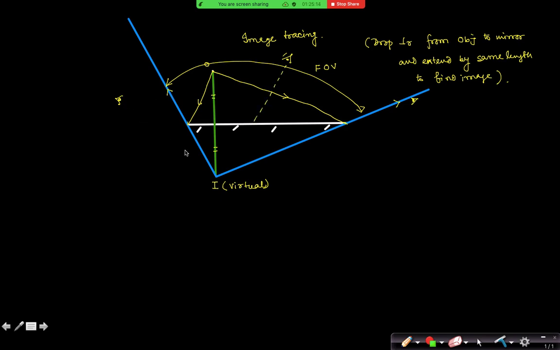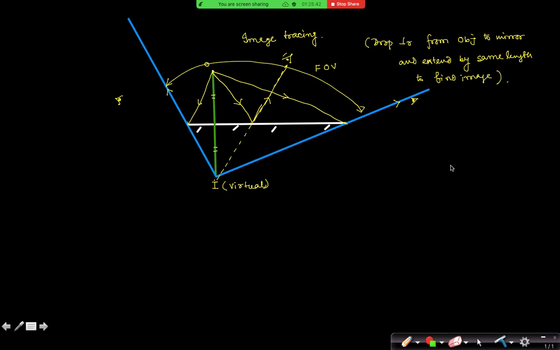The image cannot directly send the ray to the eye, but the object can send a ray that is reflected and comes back to the eye. And as our eye cannot retrace the light in a curved path, we only see the image to be lying here.